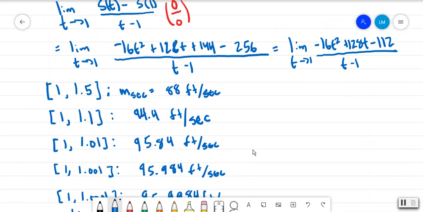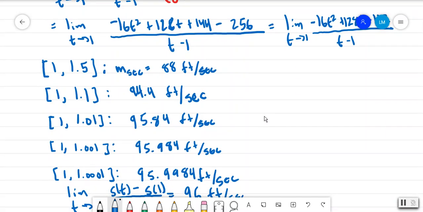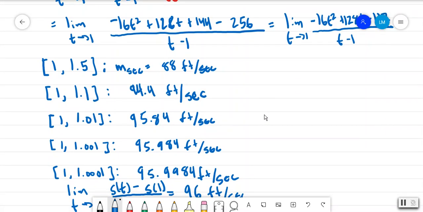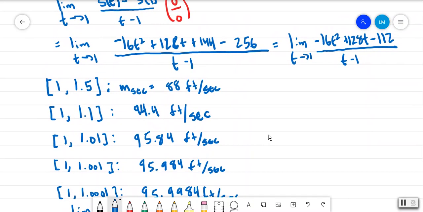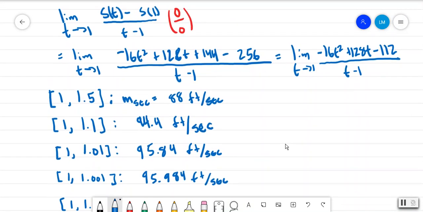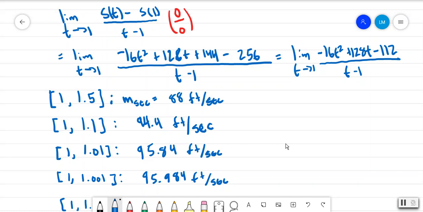Now, in a way, you don't really have to do it this way, because all that we really needed to do was plug in values that were close enough to 1. So that could be 1.1, 1.01, 1.001, 1.0001, but then you also have to try from the left side, like 0.9, 0.99, 0.999, and so on.